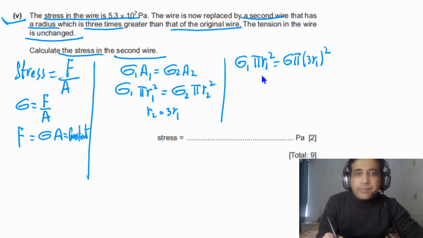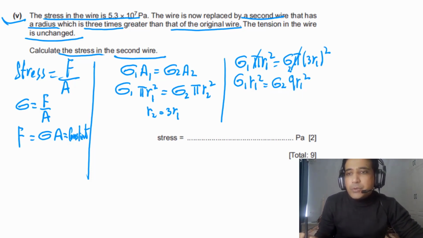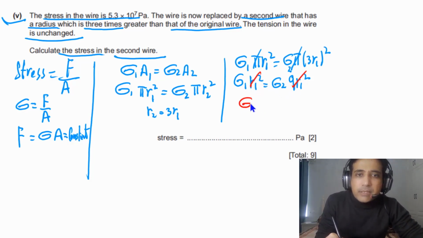So we get sigma 1 and pi, and you can cancel pi, so we are left with r1 squared, and here we have sigma 2 times 9 r1 squared. So r1 squared we can simply cancel. From here we get sigma 2 equal to sigma 1 divided by 9, and sigma 1 is given to us.